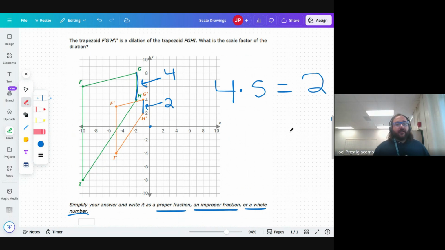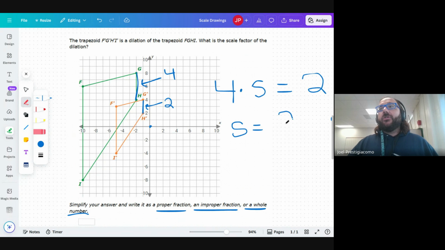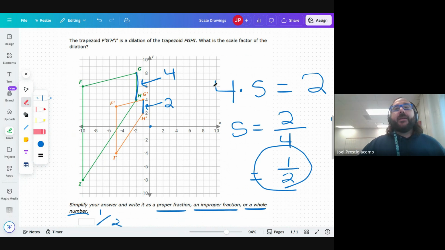So I have to multiply my original times the scale factor to equal 2. Again, I can solve for this. S here is going to be 2 over 4, which is the same thing as 1/2. So my answer here would be 1/2 because the orange image is half the size of my green original.